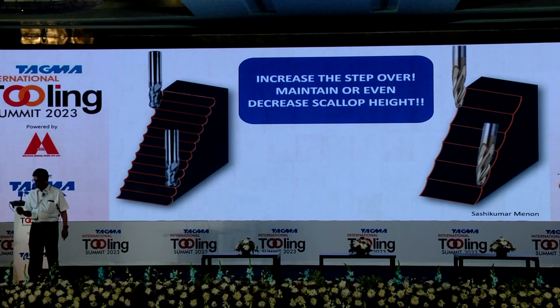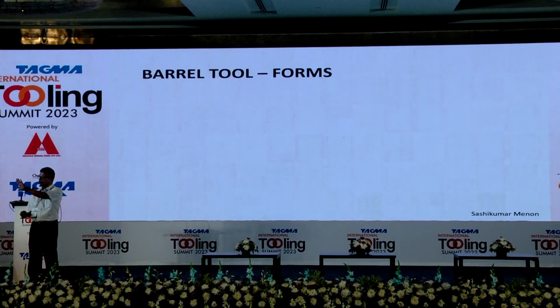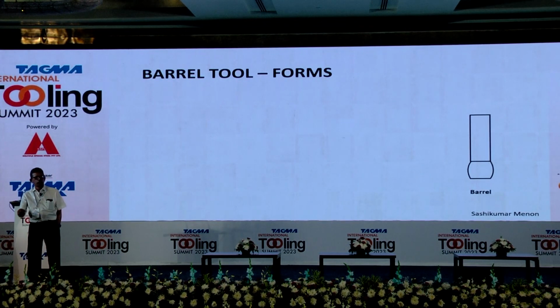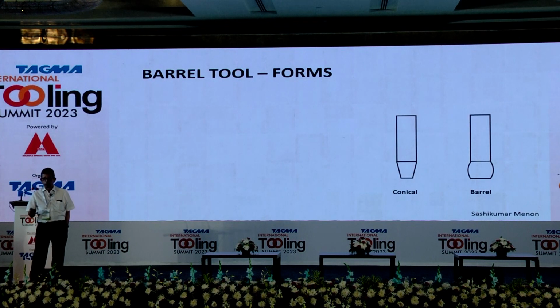Next is the video. Sorry, one second. These are the forms available in barrel mill cutters. This is the first barrel milling cutter, which has been there for quite long. It was made for machining barrel-like profiles inside a slot, so it was used only for that in the earlier days. Now this has developed. You have a conical with corner radius.